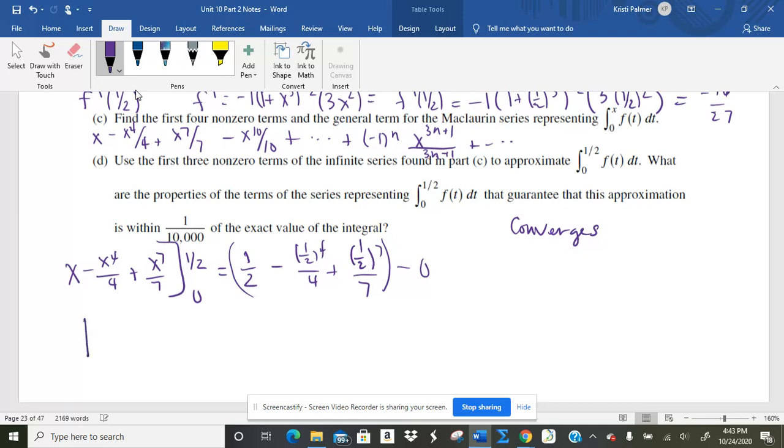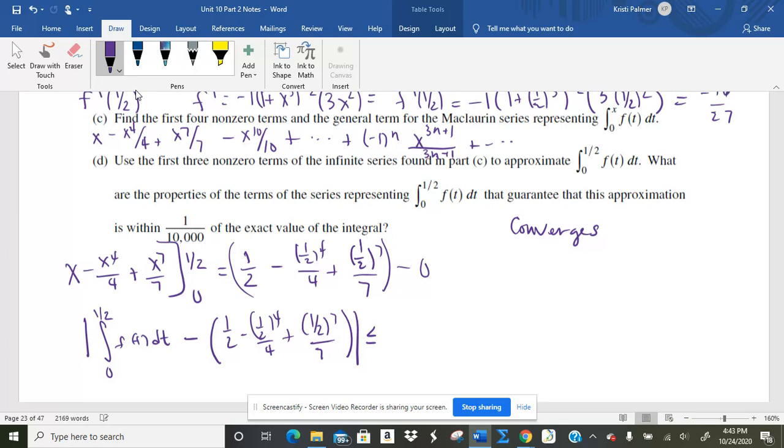We would want that the exact, from 0 to 1/2, minus my approximate here, is less than kind of the next term.